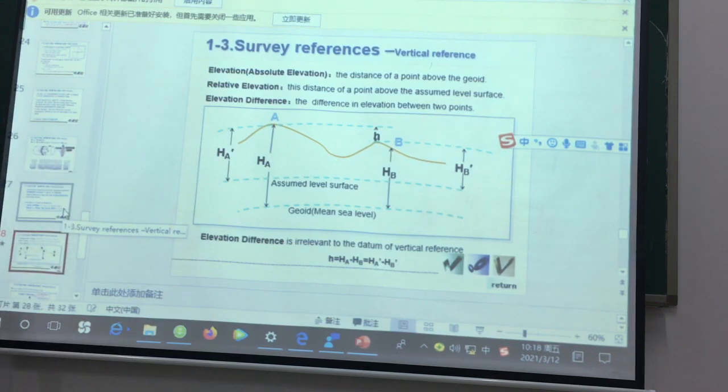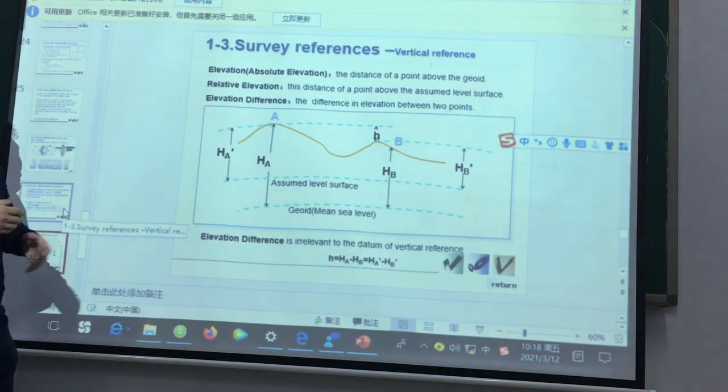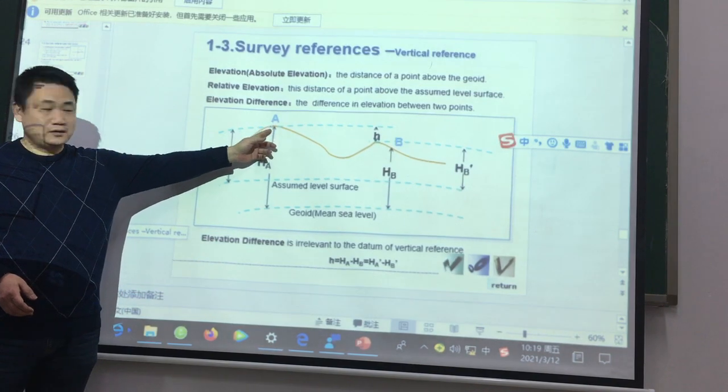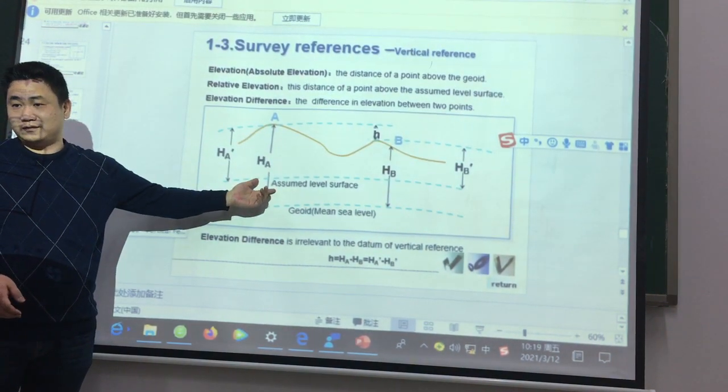Here is the third dimension. In the real world it's 3 dimensional. So if we use longitude and latitude, or x and y, we can only locate the point in 2 dimensions. So we need the third dimension, that means we need to describe the distance of the point higher or lower than the standard surface.